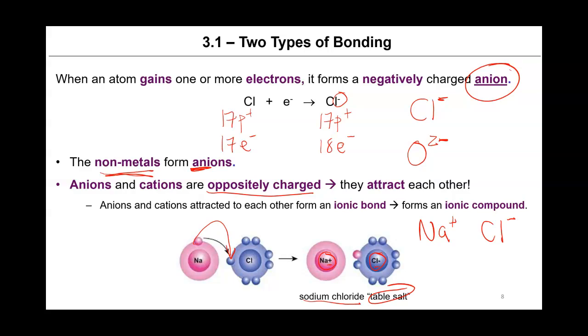So both the sodium and the chlorine obtain a stable electron configuration. However, they are now bonded to each other via an ionic bond. So there's a price to pay for getting this stable electron configuration. They now have to carry around this extra atom.